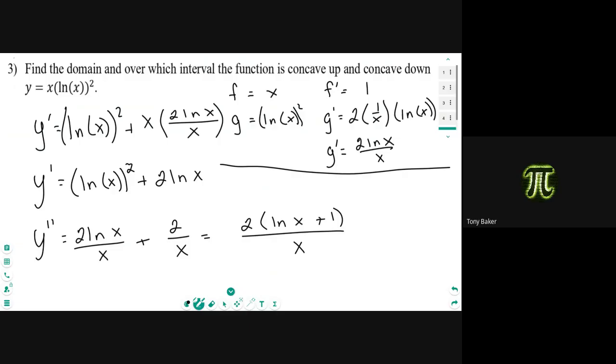All right, so what do we got? So to find my concave up and concave down, I need to do what from this point? Figure out where the second derivative function is positive or negative.